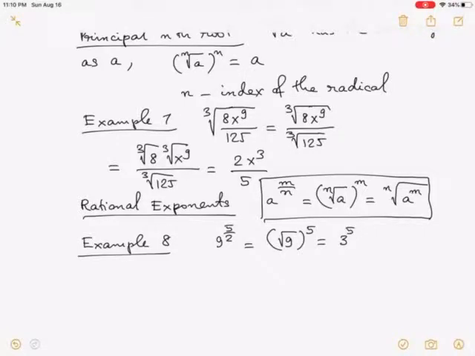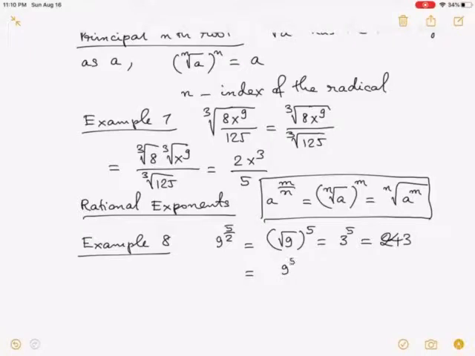So this is 3 to the power 5. So this is 243.